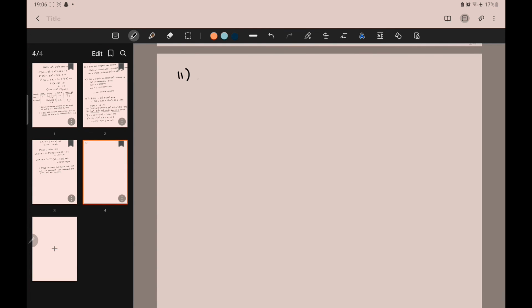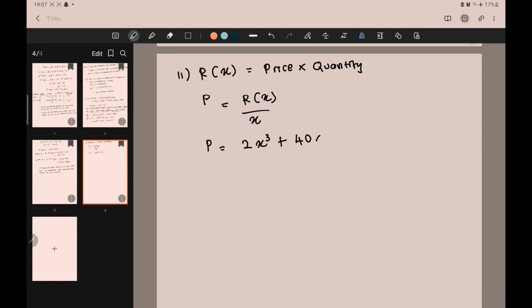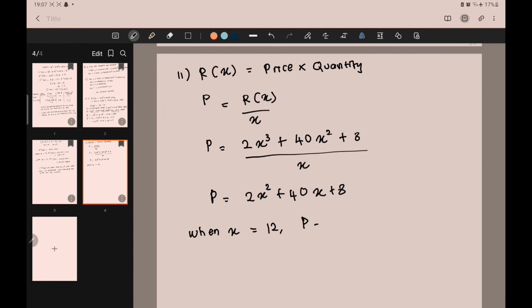Last but not least, the question asks to find the price per unit to maximize the profit. As we know, the revenue function equals price multiplied by quantity of units, so to find price we divide revenue by Q. Next, we substitute the value of x, which is 12, into the function.